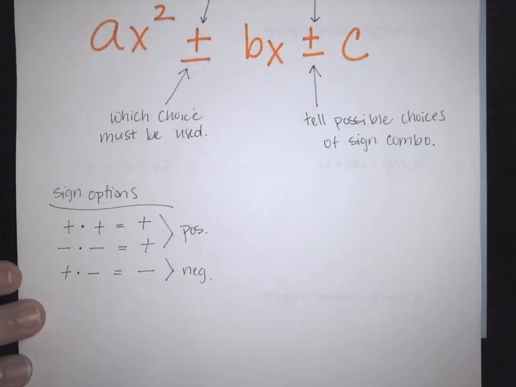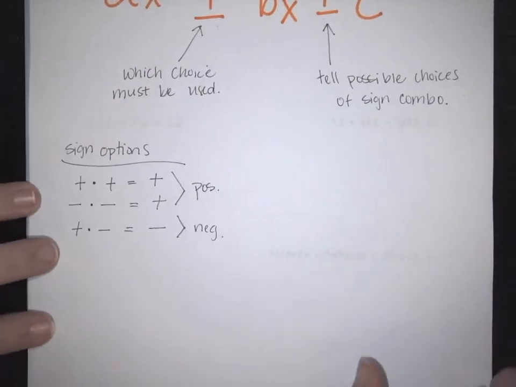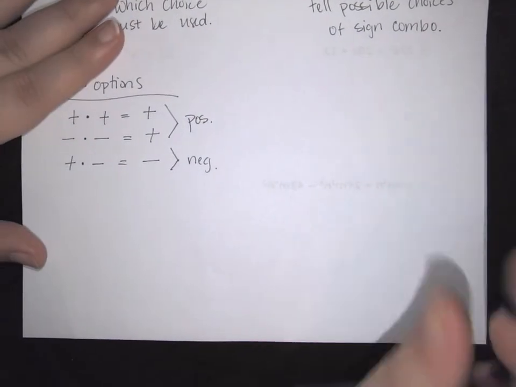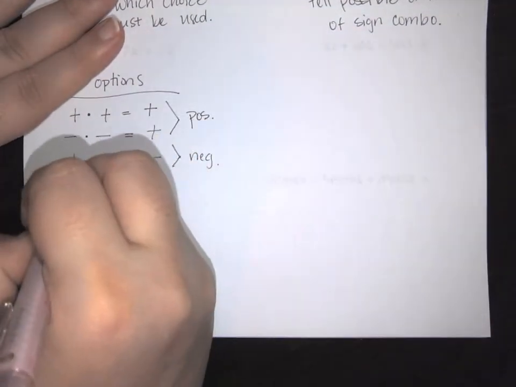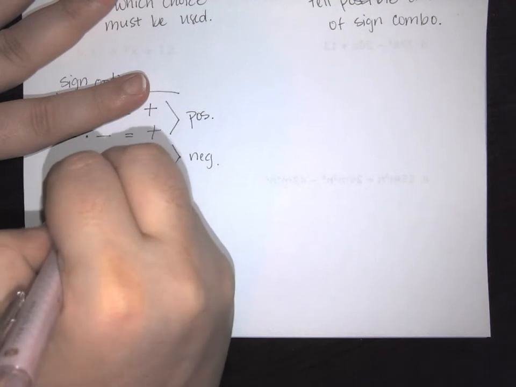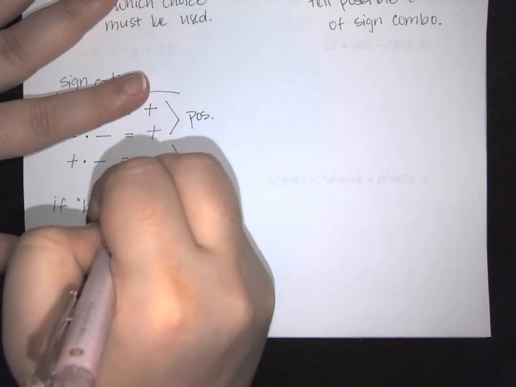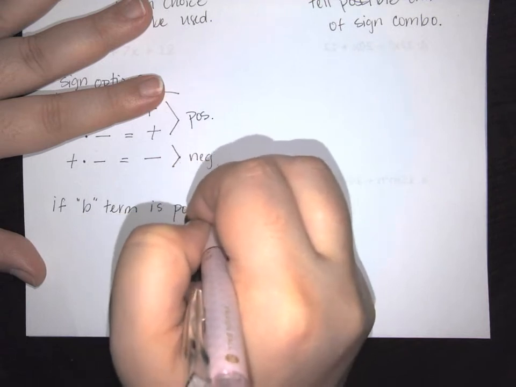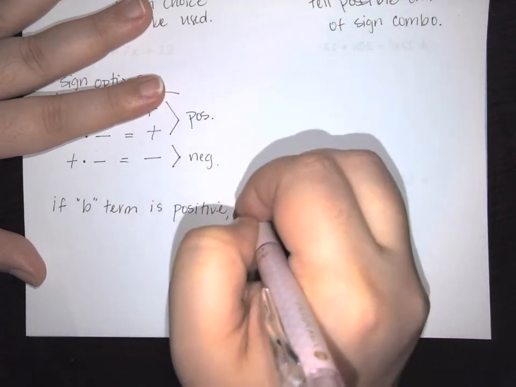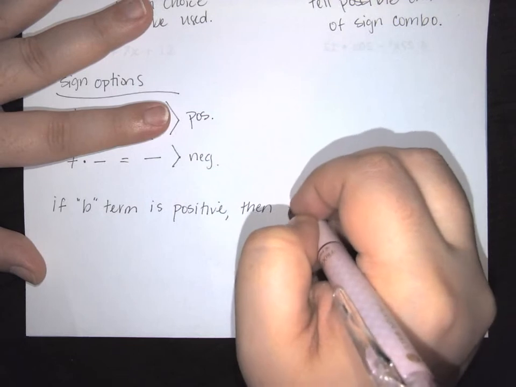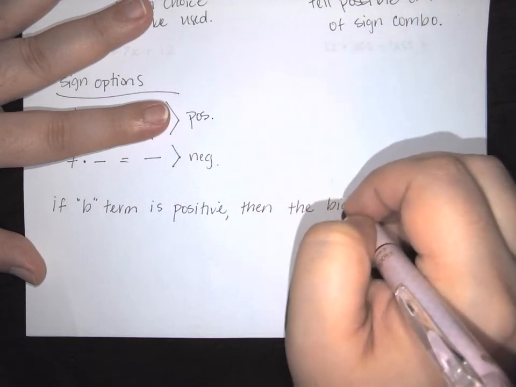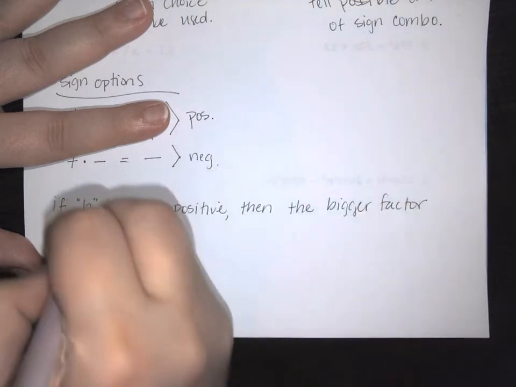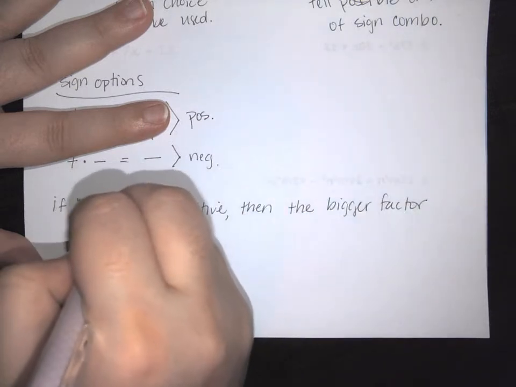Now with that, there's a little phrase that I always like to stick to, and it says this: if your B term is positive, then the bigger factor is positive.